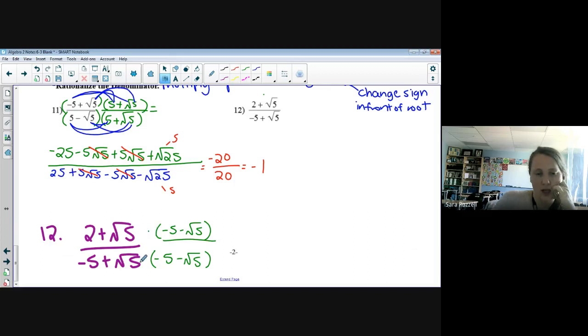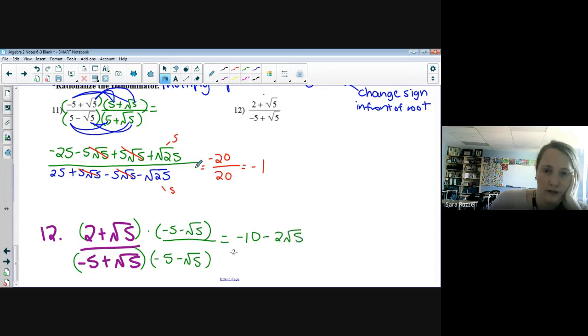Just like we had to introduce the roots in just the single ones, you've got to introduce these in these problems. So we just change the sign here. We don't change the sign in the front. That'll mess it up. And then we multiply. 2 times negative 5 is negative 10. 2 times negative root 5 is negative 2 root 5.